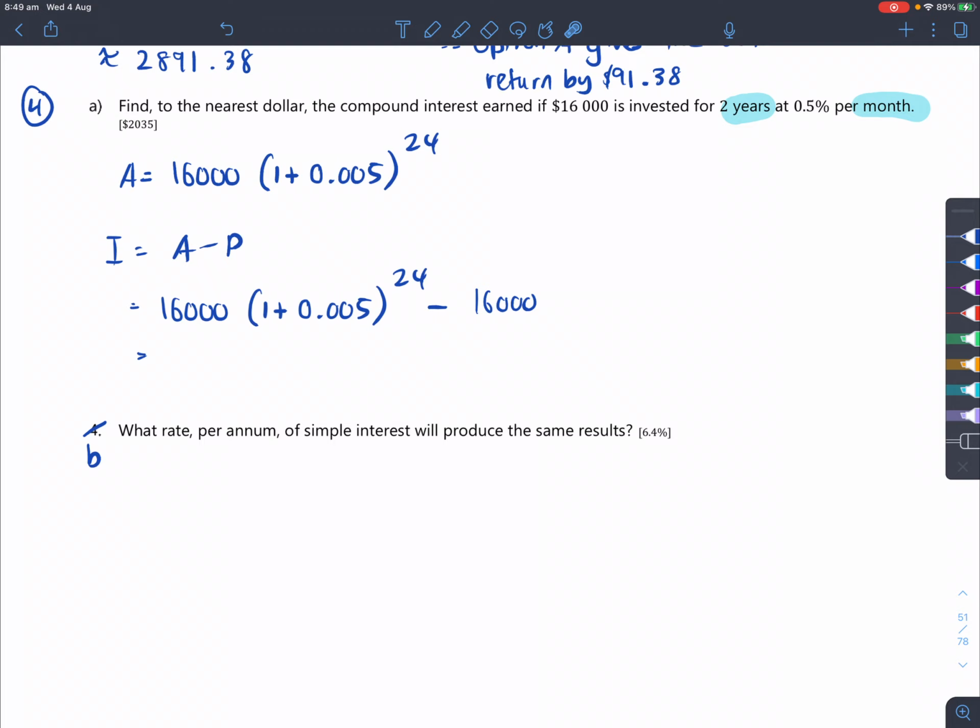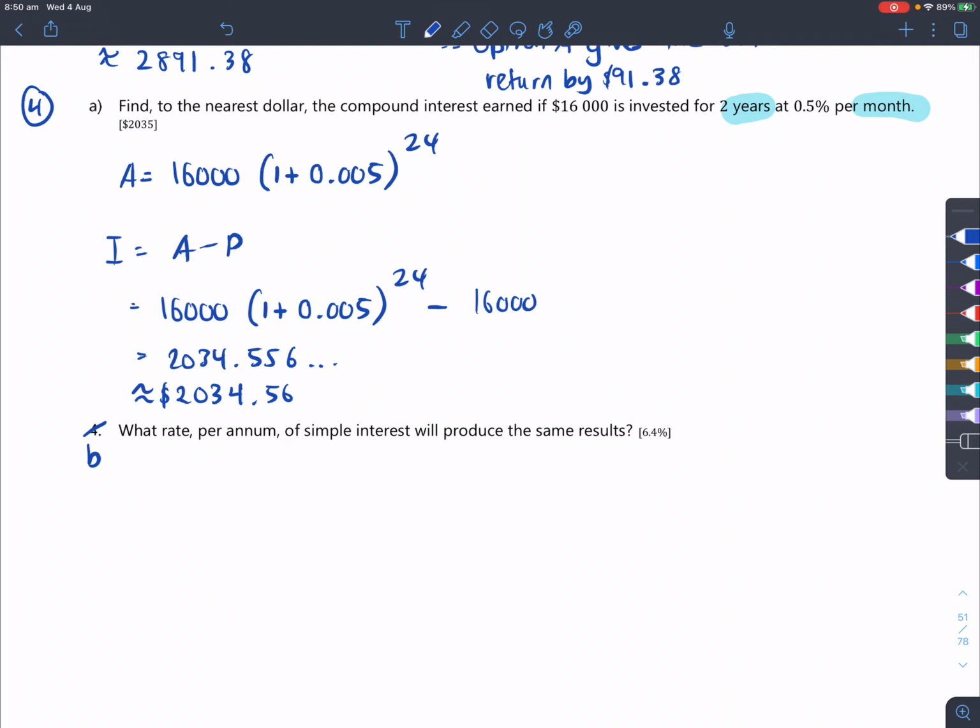Let me just check what that is. $16,000 times 1.005 to the power 24 minus 16,000. So what I've got was 2,034.55 and 6 cents, or you can write 2034.56 to the nearest cent.